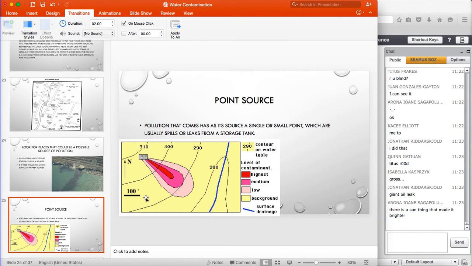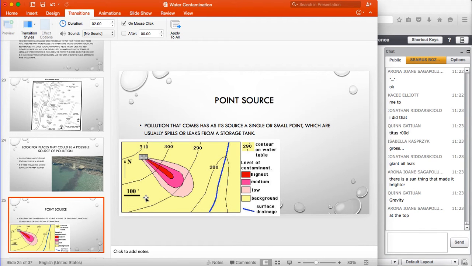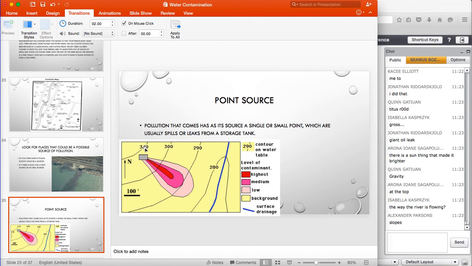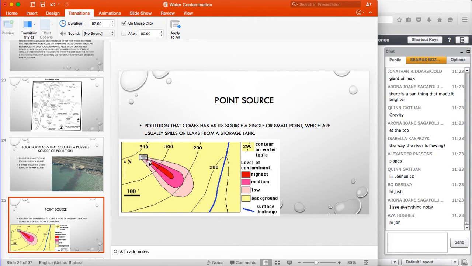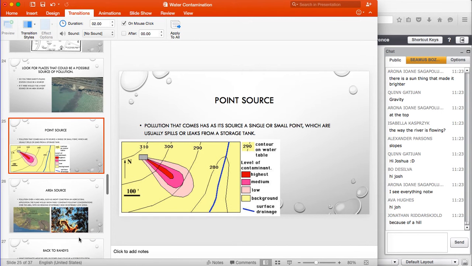Yeah, I want to hear what other people think. By the way, I have Joshua Knight sitting next to me. Because of gravity, I totally agree with you. Yes, exactly. We have different elevation levels, and it looks to me like this pollution travels downhill. The most concentrated pollution is in the center, but as you go further and further away, you have different levels of concentration. These are called the plumes from a point source.